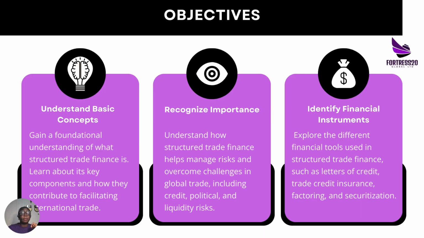The goals of learning about structured trade finance are to understand the basics: to learn what structured trade finance is, how it's different from traditional trade finance, and its key elements in international trade. The second objective is to recognize its importance, to understand how structured trade finance helps manage risk and solve problems in global trade, including credit, political, and liquidity risk.